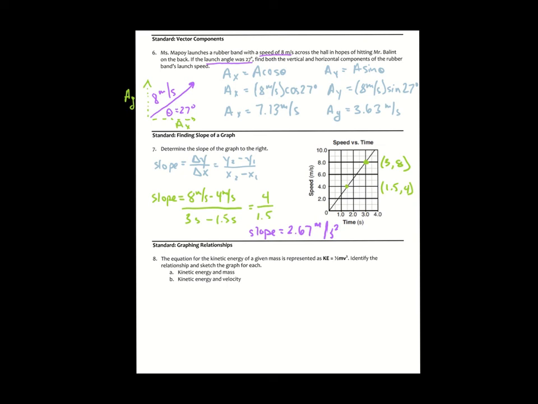Number 8, the equation for the kinetic energy of a given mass is represented by KE equals 1/2 mv squared. Identify the relationship and sketch the graph for each of them. So we got part A and part B, and we're focusing for part A on kinetic energy and mass. So again, my strategy that I showed you in class is to change each of these second variables into x, so we can compare it to our known graph relationships. So for part A, we're focusing on mass.